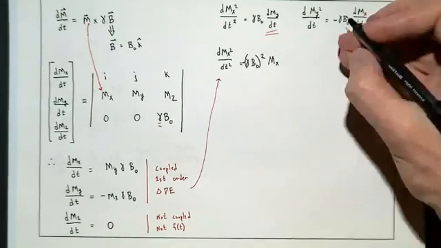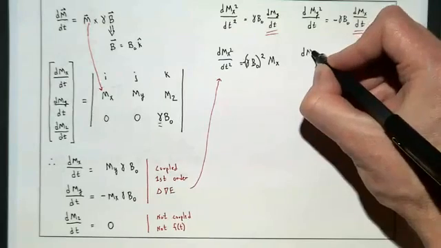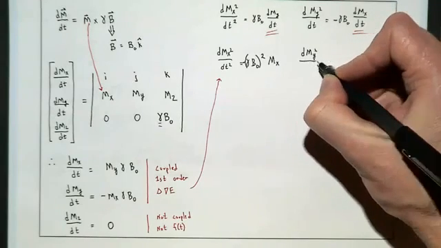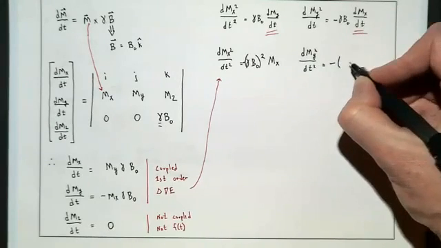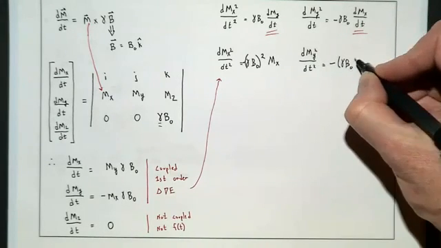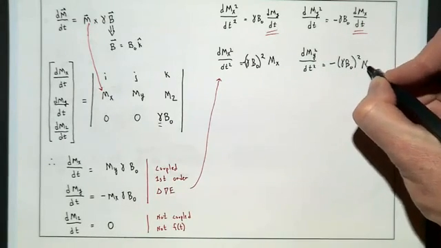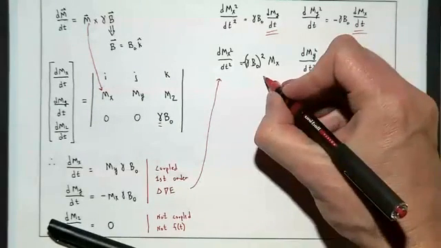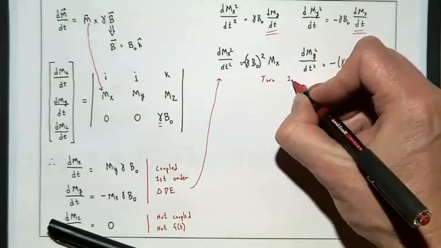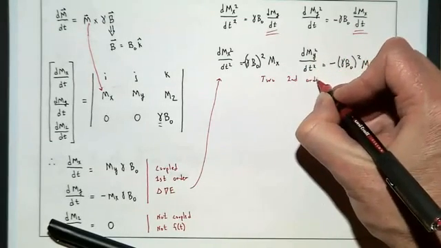I can do it for this expression too. So I have my d²My/dt², and that's just going to be equal to minus gamma B0 squared My. So what's great about that? Well, now I just have two second order ODEs.